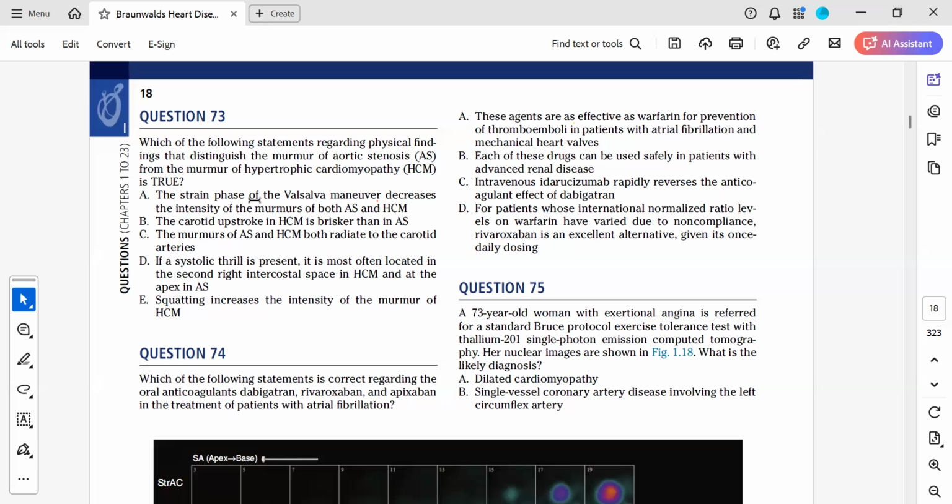So for a patient that is not compliant, it won't be appropriate to place them on this group of medication, because if the patient is not compliant, the risk of complications is very high. So from all these options, I think option C is the best correct answer out of the 4 options.